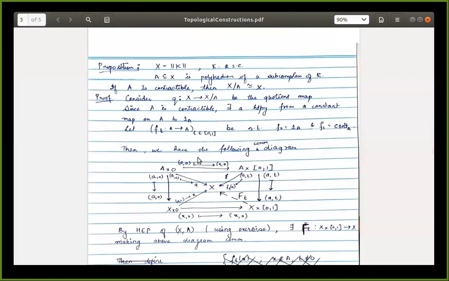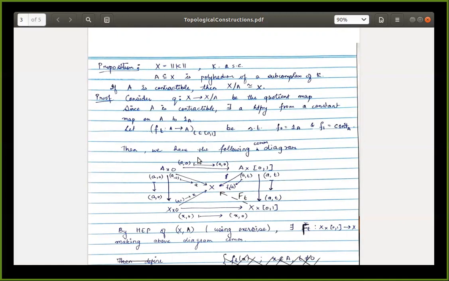Now we come to one of the most important propositions which is used in topology very often, like really, really often. If you are starting with a simplicial complex, and you look at some part of the simplicial complex, which is some subcomplex of it, which is contractible, then if you mod out the space by this subcomplex, you are not losing anything.